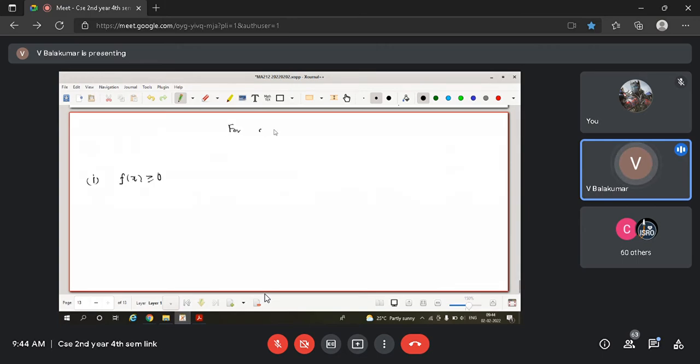For a discrete random variable only I am considering now. For a discrete random variable capital X, with possible values, the capital X can take some countable number of values. Say these are the first value, second value, third value. Let me take only these values it is taking.